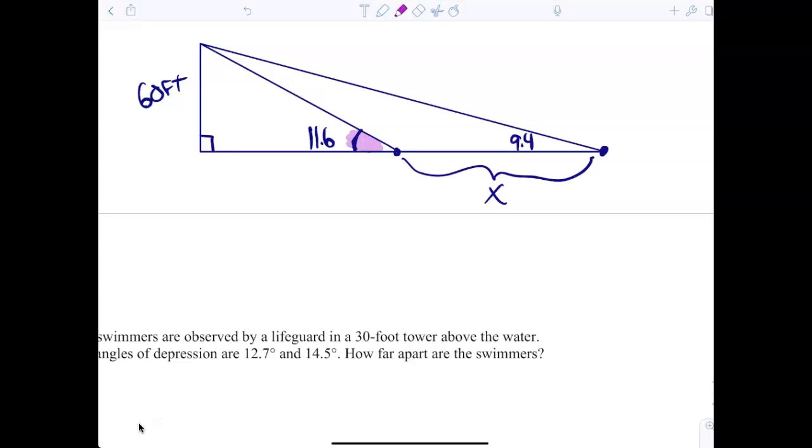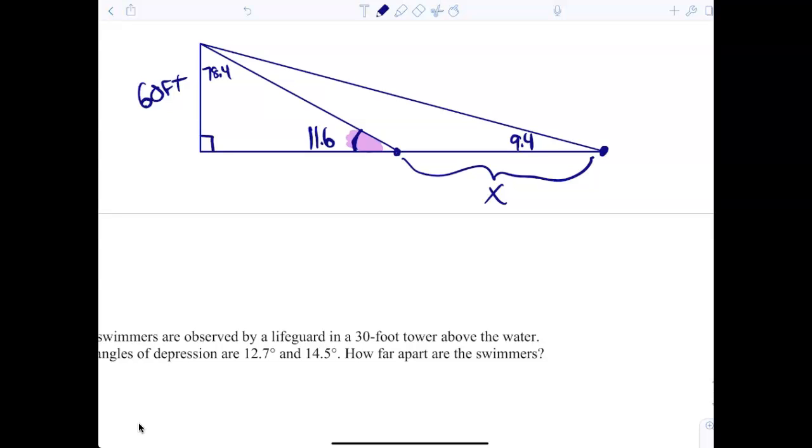Let's focus here. If that's 11.6, what's the measure of the other angle, this missing angle right here? Everybody should have gotten 78.4. Everybody should have been able to do that.